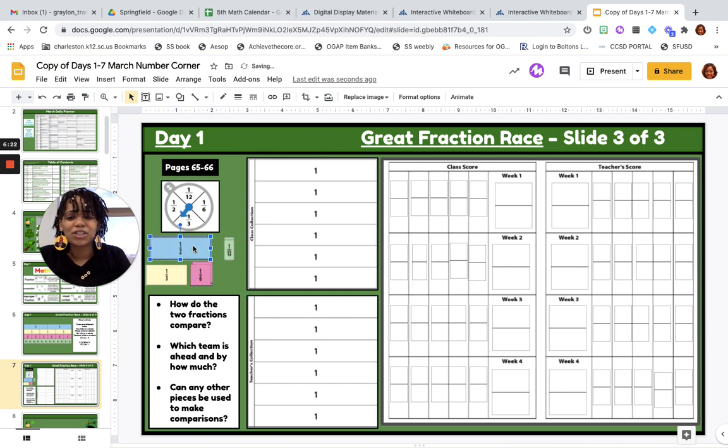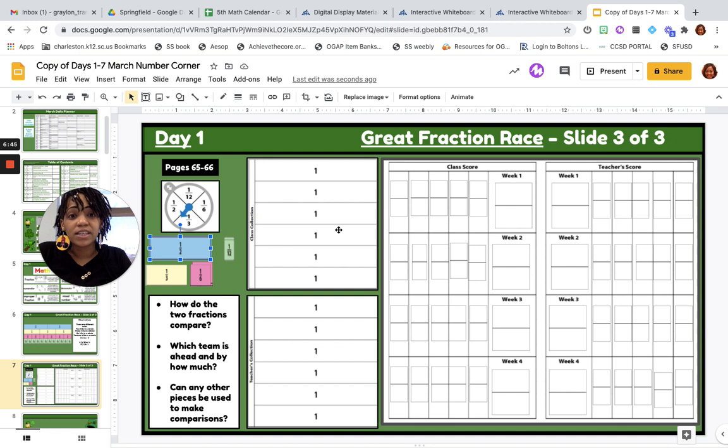And you can make a prediction and you can say maybe it's going to be you, maybe it's going to be me, but it is kind of up to chance since we're spinning a spinner. So we're going to spin it twice, one for you, one for me, and then we will write the fraction here, okay? About once a week is when we'll actually take these pieces and put them where they belong.